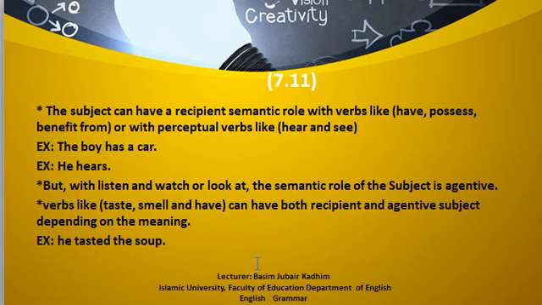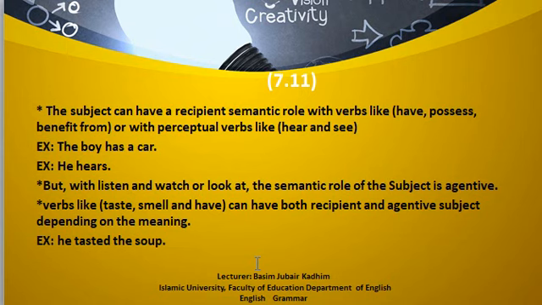Now, the subject can have a recipient semantic role. In addition to those roles, it can have a recipient semantic role with verbs like have, possess, benefit from, or with perceptual verbs like hear and see. For example, the boy has a car.